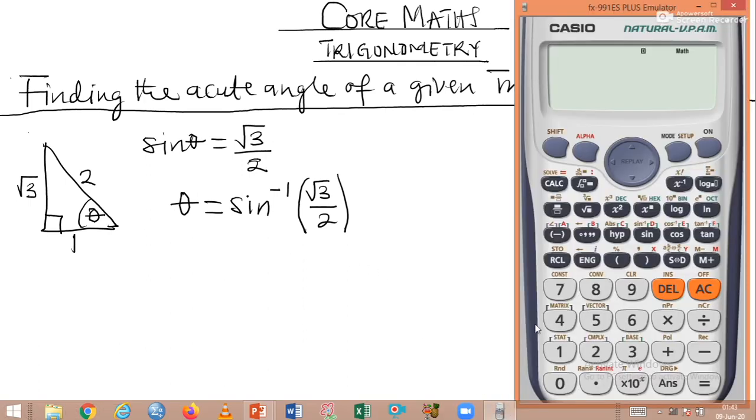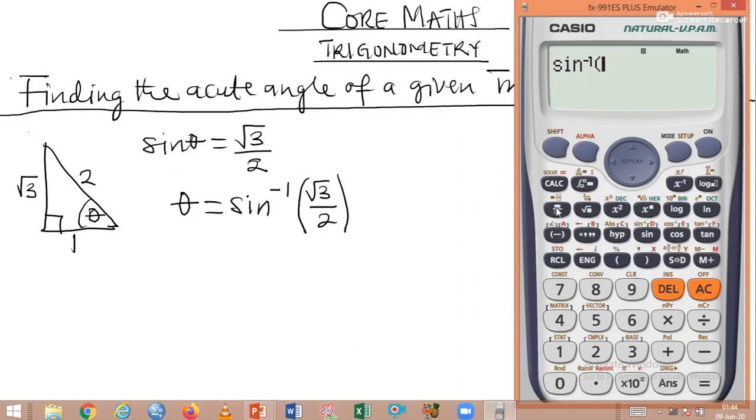So I have my calculator here. To get sine inverse, you have to punch shift, then sine. Shift sine will give you sine inverse. Now you have to punch the ratio.